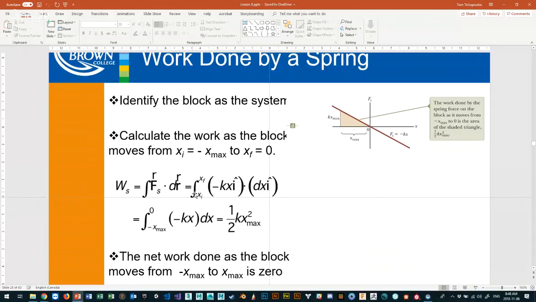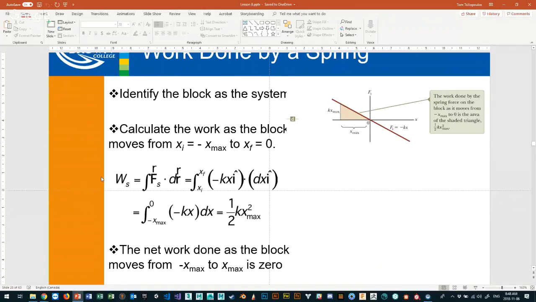So if you did that, once we've gone through all this, you get that the work of a spring is equal to 1/2 kx squared, okay?